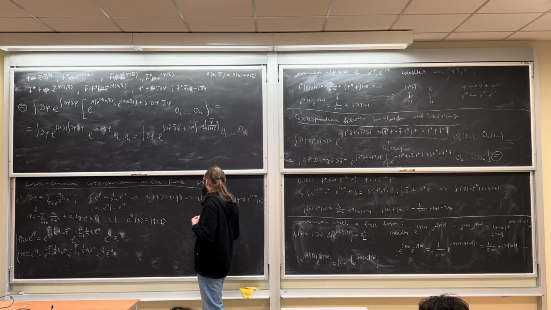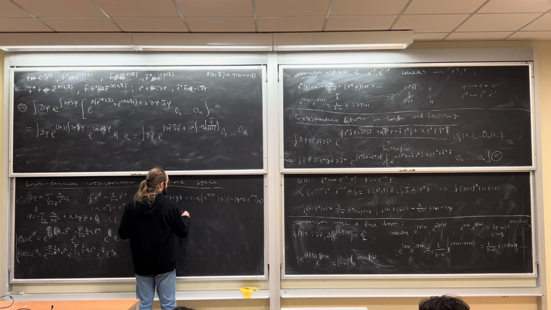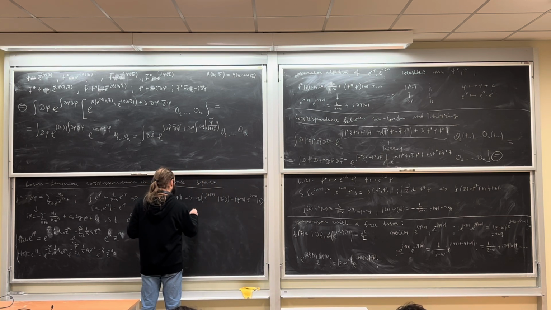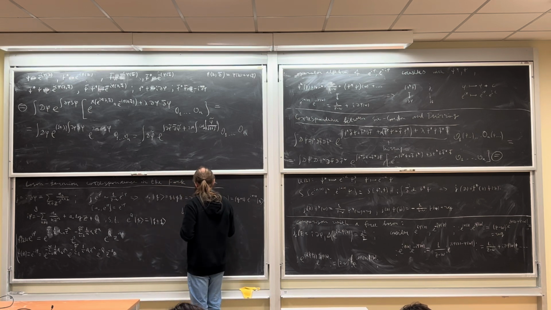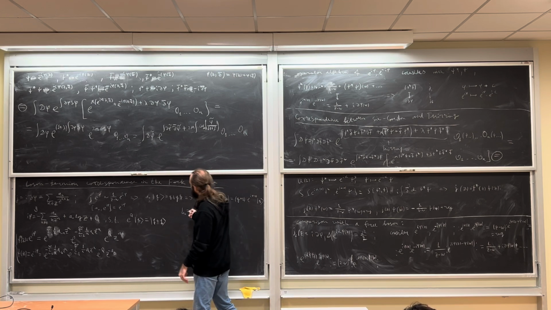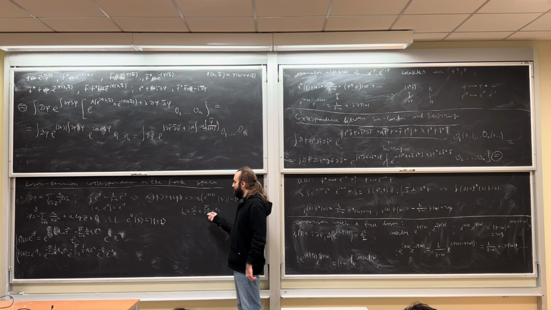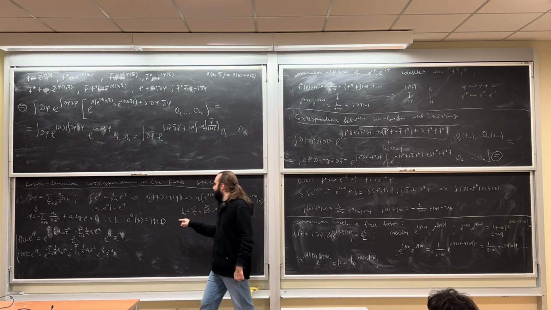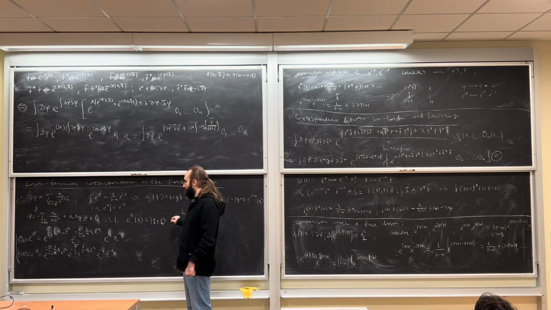And as we remember, L0 equals A0 squared over 2 plus the sum of A minus n An. And so the dimensions of these highest vectors corresponding to different charges are q squared over 2.